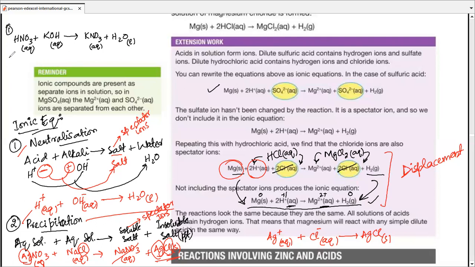First is this one, and second is this one. Go ahead and try them one by one.